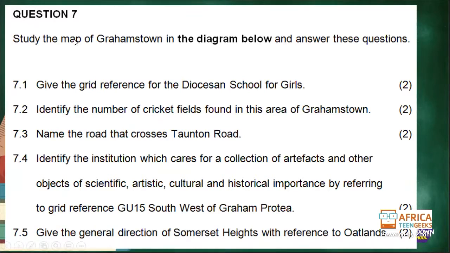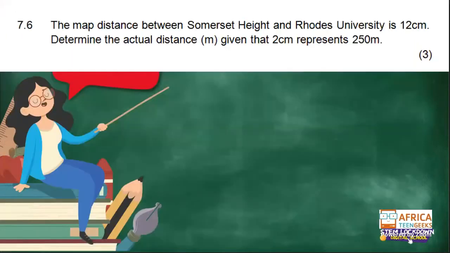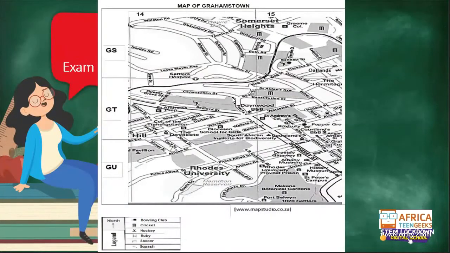Study the map of Grahamstown in the diagram below and answer these questions. Okay, so there's a diagram or a map. Let us look at the map. Okay, there it is. What you notice about this map, it is divided into grids, right?